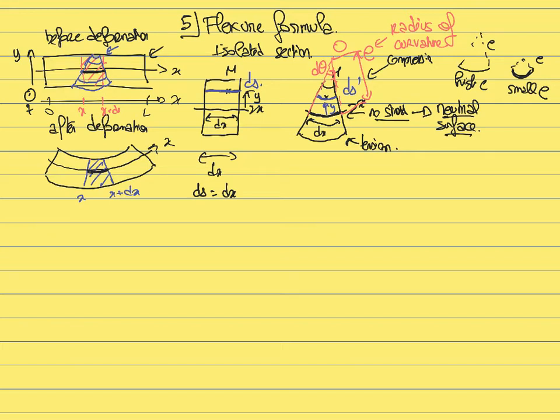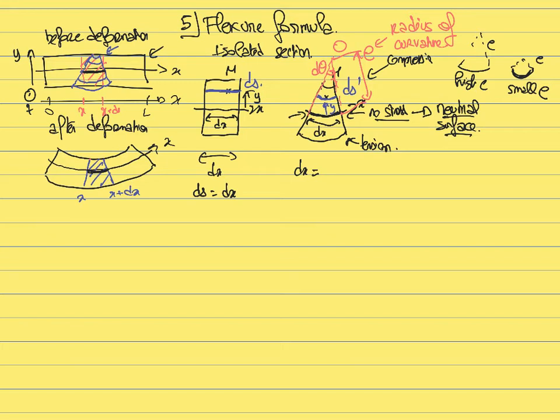What I can say is that this beam is now part of a circle. It's a fraction of a circle. So if I look at this distance here, dx, it is actually a portion of an arc of a circle.